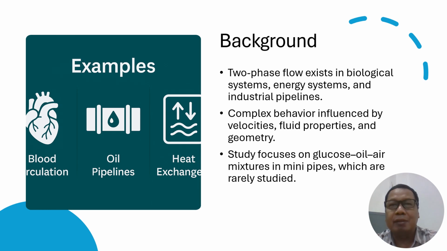Despite its importance, two-phase flow involving glucose, oil, air mixtures in mini pipes is still rarely studied. These systems exhibit complex behaviors influenced by fluid properties, velocities, and geometry, making them a valuable topic of investigation.